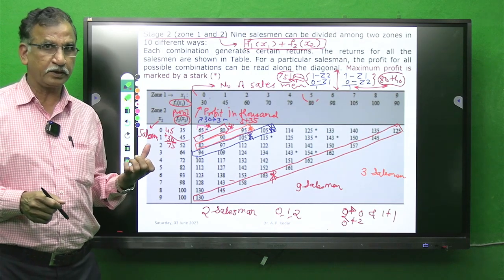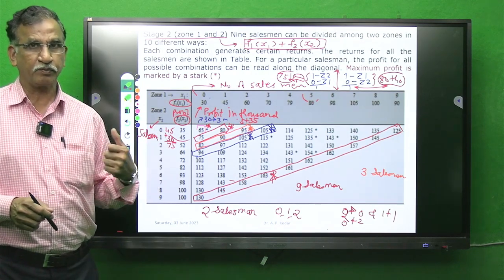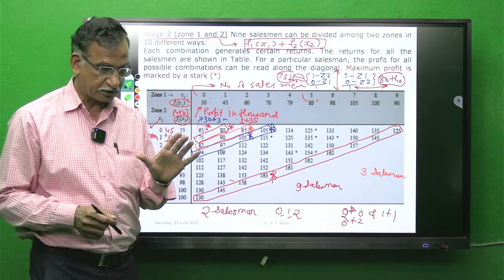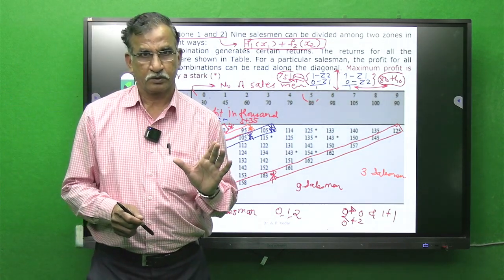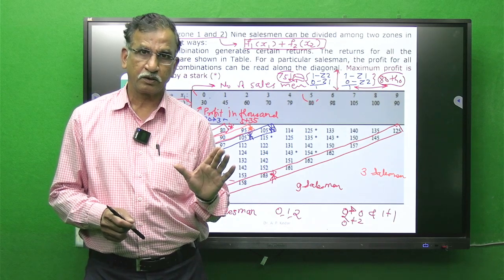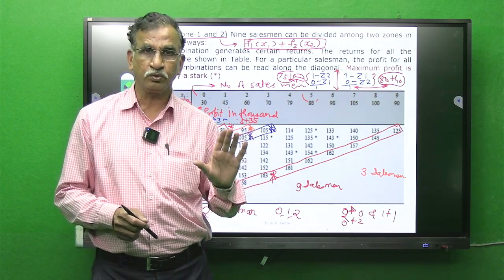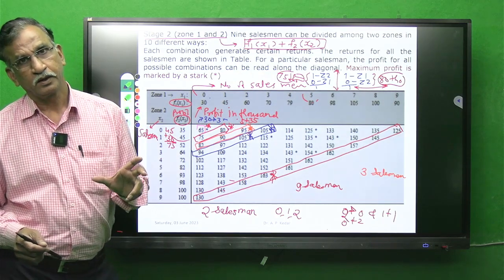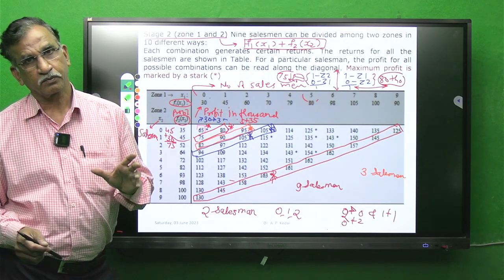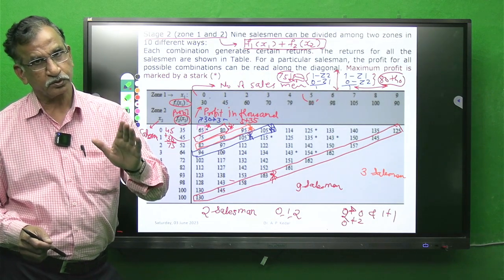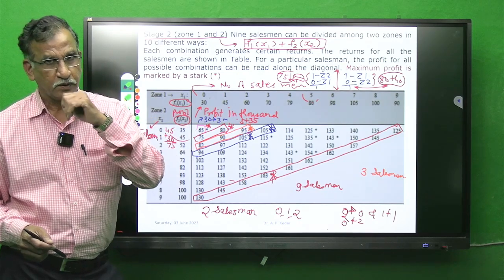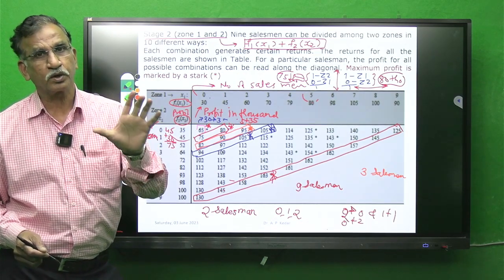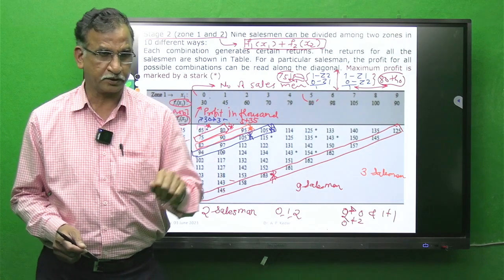Now what we did, moving in a dynamic way, we differentiated salesmen for zone 1 and zone 2 in such a way that we get the total combination for both zone 1 and zone 2 satisfying the total salesman constraint.